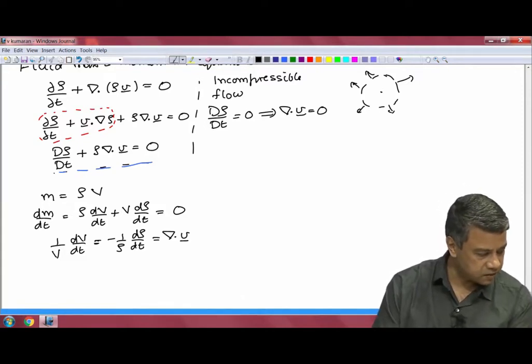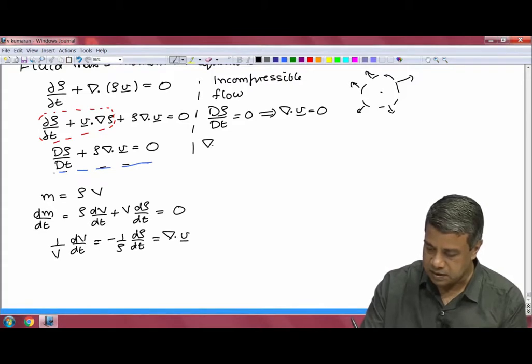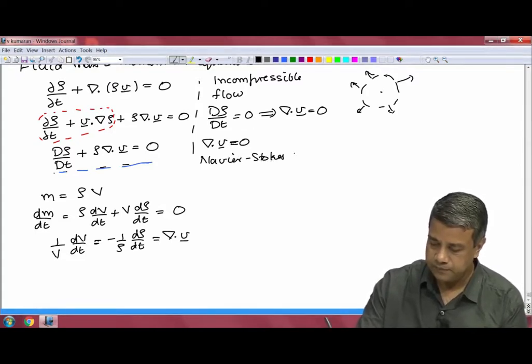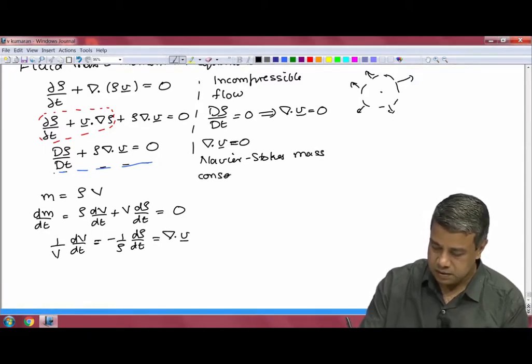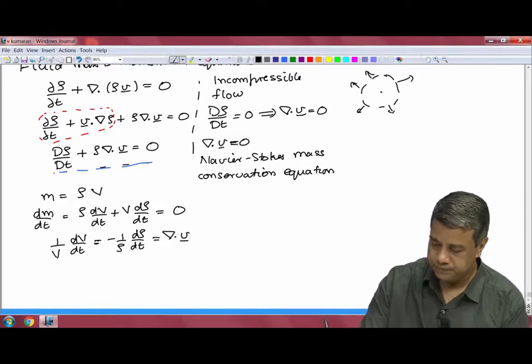So the velocity has no divergence for an incompressible flow, and this equation del dot v is equal to 0 is the Navier-Stokes mass conservation equation for an incompressible fluid.